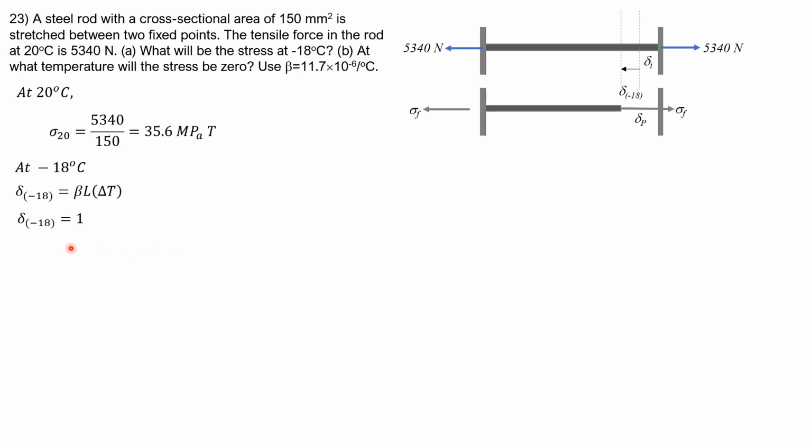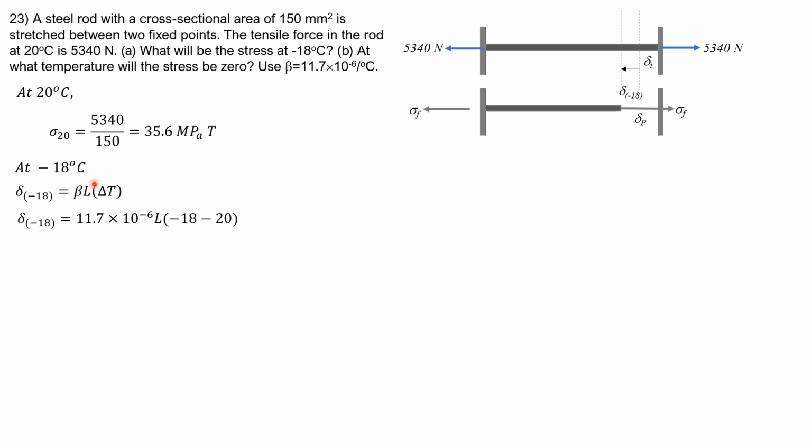So delta at negative 18 is coefficient of thermal expansion, 11.7 times 10 to the negative 6 times the length, let's call that L, times final temperature, negative 18 minus initial, positive 20. So by the way, the formula is written in this manner so that you can easily recall it. Most of the books in mechanics of materials or mechanics of deformable bodies, the coefficient of thermal expansion is alpha instead of beta.